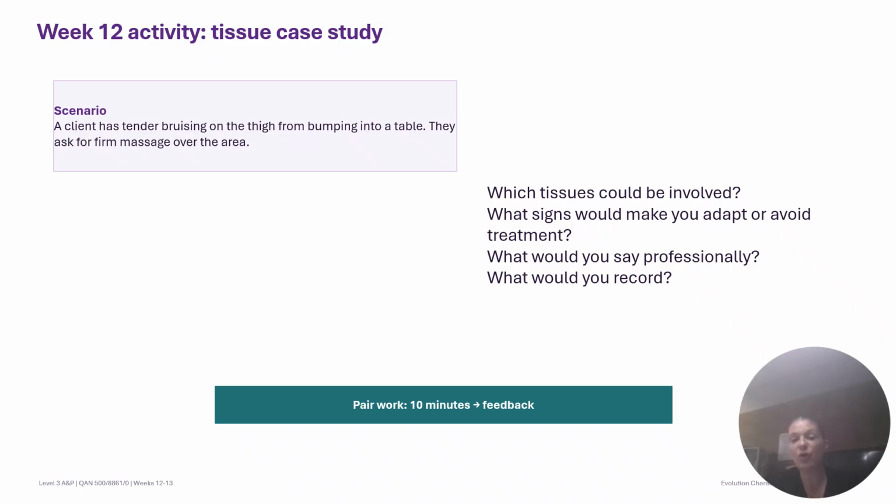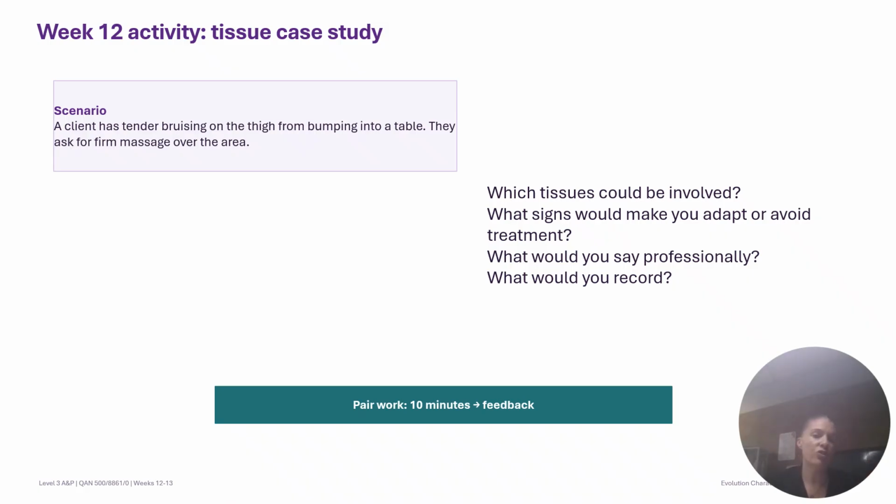So we have to avoid direct pressure over bruised, painful and inflamed tissue. We don't go in harder. We don't add more pressure. Personally, I'd avoid the area altogether. Once the bruising has gone down, once the marks have started to disappear, then we can talk about some stretching if you have your personal training qualification.